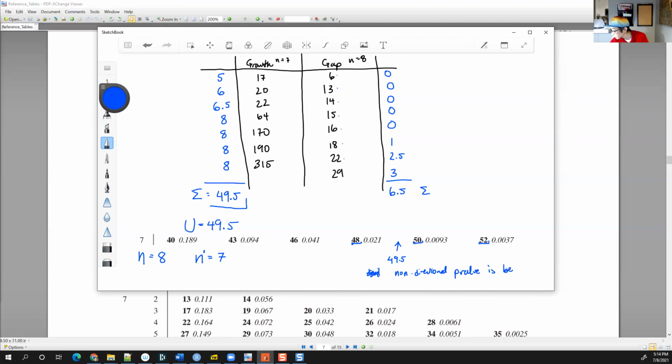It is between 0.021, so basically around 2%, and 0.0093. Whatever our p-value is, it's somewhere between these two numbers, 0.021 and 0.0093, and that's for a non-directional alternative.